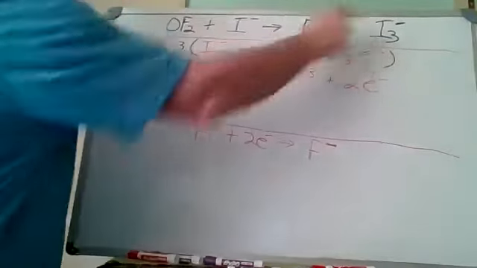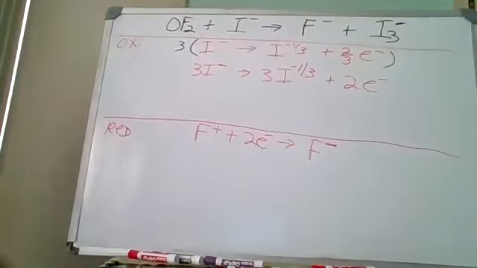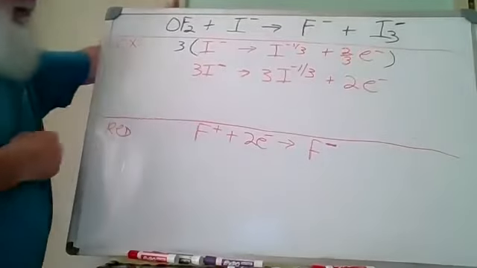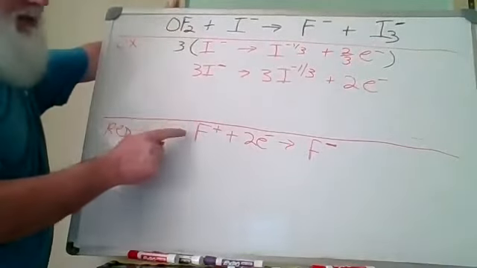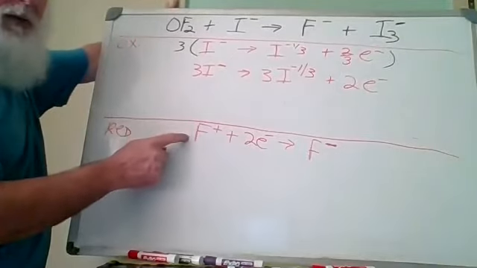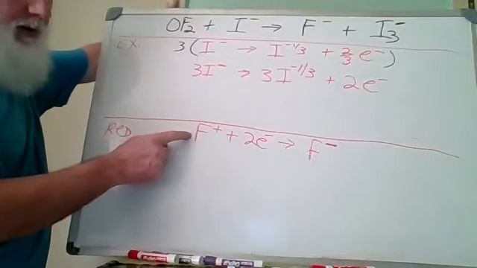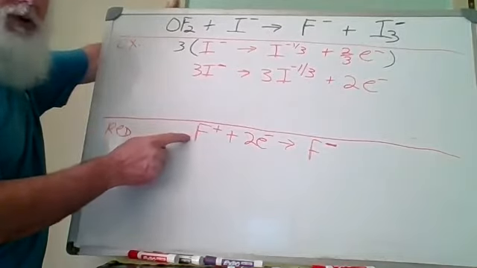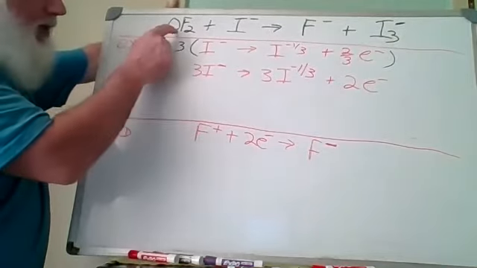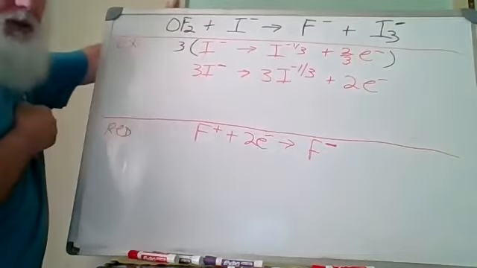We're not putting coefficients in up here yet. Here, I'm going to have 2 fluorines being reduced, but I only have 1 here. So I better have 2 fluorines down here being reduced, because I have 2 up here that are going to be reduced.